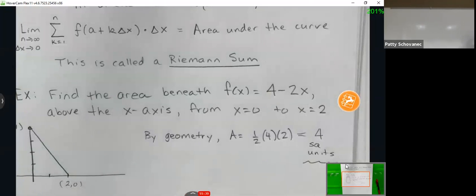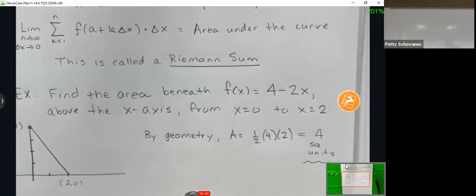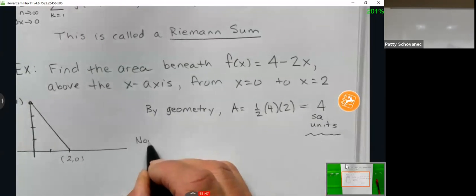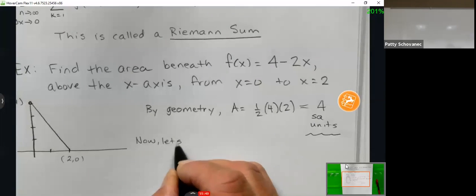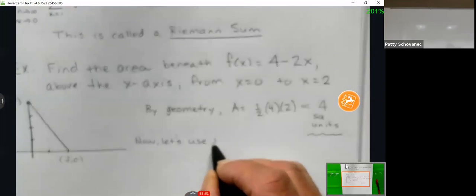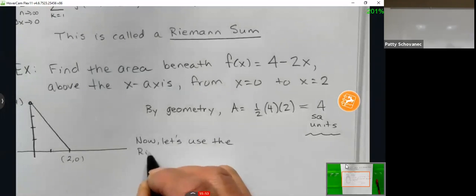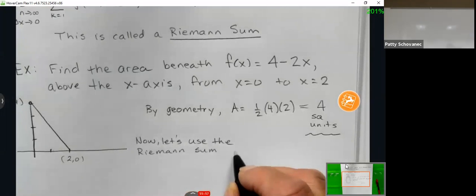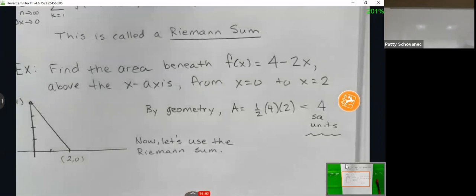Okay, now let's use the Riemann sum. So our first step, I said, was calculate delta x.